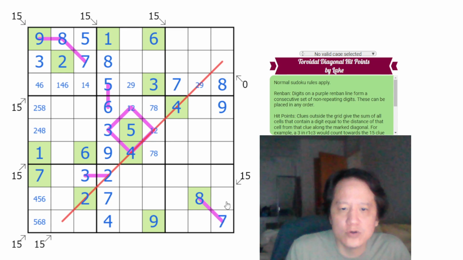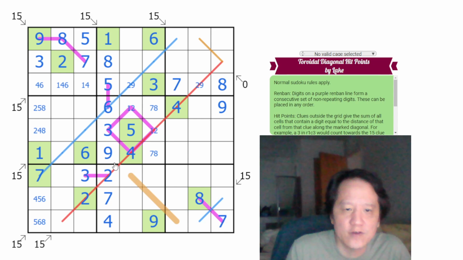Let's do the blue. 1, 2, 3, 4, 5, 6, 7, 8, or that'd be 9. And then let's make it orange. 1, 2, starts from here. 3, 4, 5, 6, 7, 8, 9.